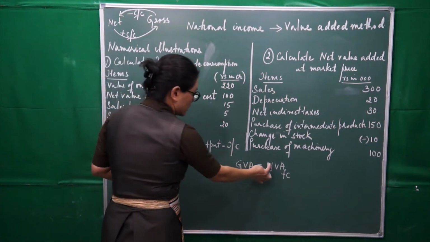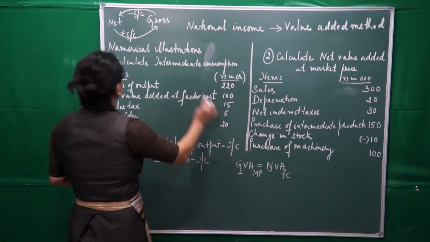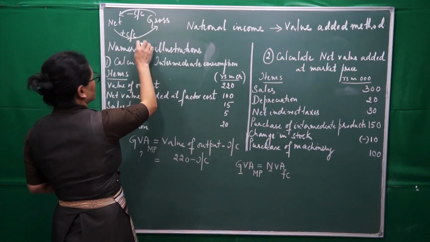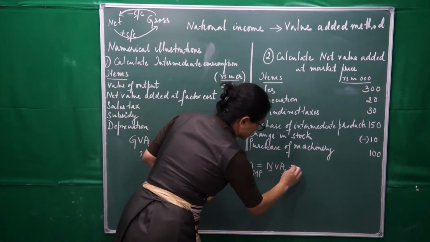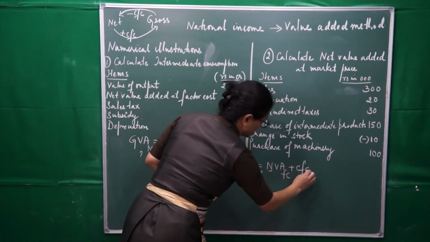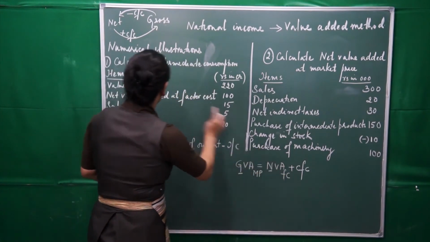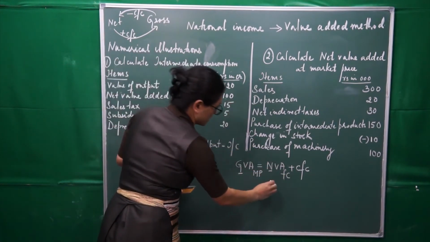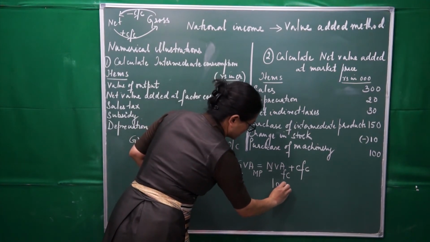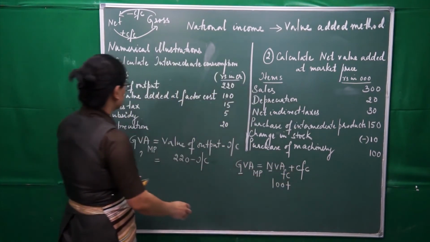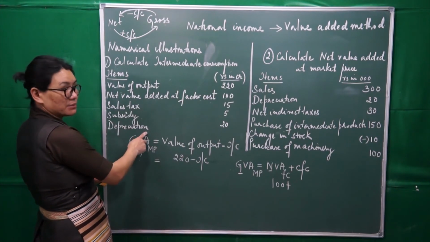Okay, now net into gross, we have to do plus CFC, right? So NVA at factor cost is given how much? 100, right? So this is here 100 plus CFC. Yes, depreciation.